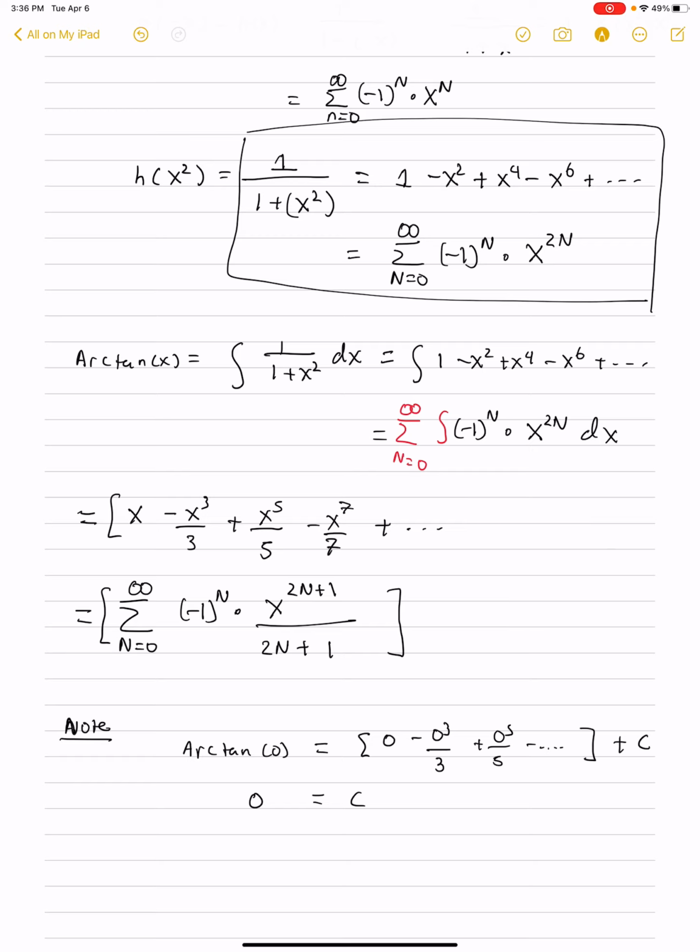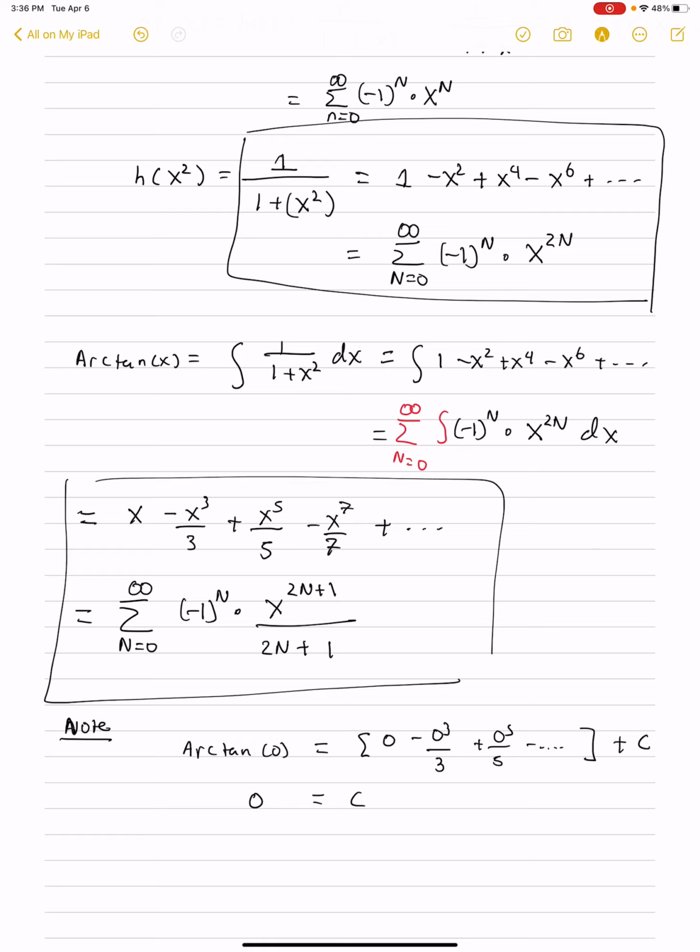Okay, so this is the power series representation of the arctangent. I'll label this as the power series representation. After all, I have that it equals arctangent.